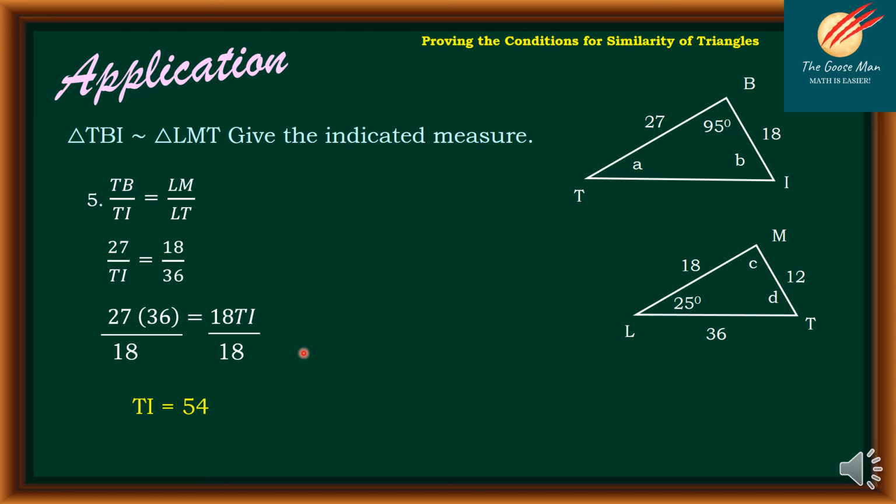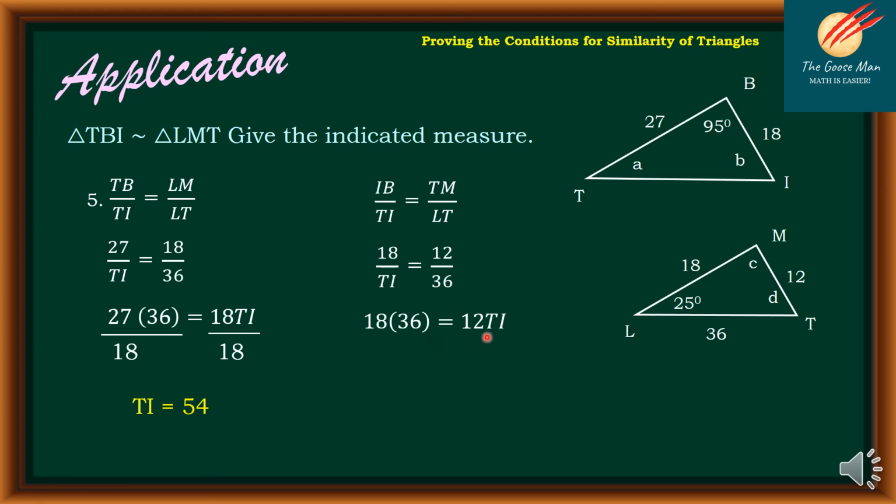On the other hand, I can also use the other ratio such that IB all over TI is the same as TM all over LT. Substitute. So we have 18 over TI is the same as 12 over 36. Using the cross products, we have 18 times 36 is equal to 12 times TI.